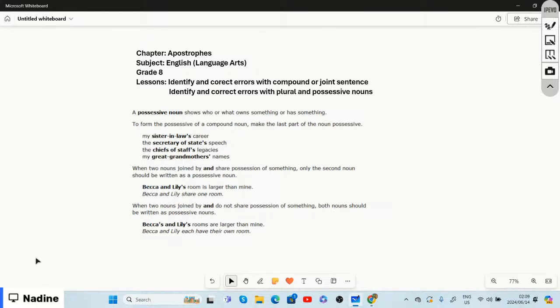Then the Secretary of State's speech. All right. And then we have another one, which is the Chief of Staff's legacy. The Chief of Staff's legacy, right? So whose legacy? It is the Chief of Staff's.